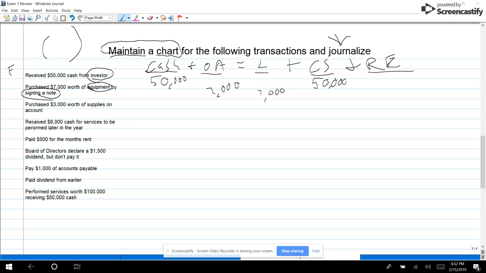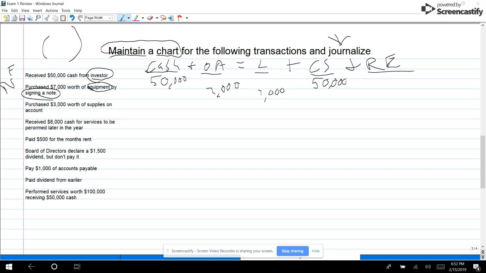And now here's the tricky thing. Is it an operating, investing, or financing activity? Well, the correct answer is none, because there's no cash involved. Remember, we label things because that's how they go onto the statement of cash flows. But the statement of cash flows isn't affected if there's nothing in cash. So just keep that in mind.